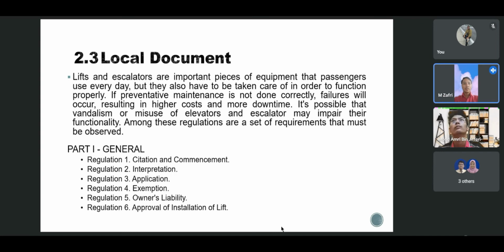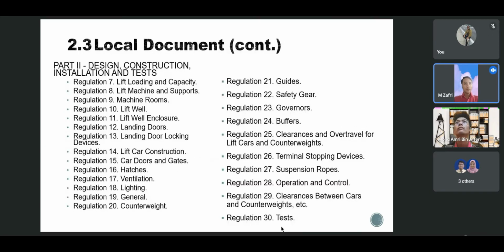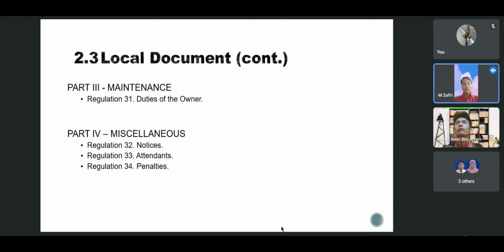Among these regulations are a set of requirements that must be observed. Part 1 is the general. Part 2, the design, construction, installation, and test. Part 3 maintenance, for regulation 31, duties of the owner. And part 4 is miscellaneous. Next slide.